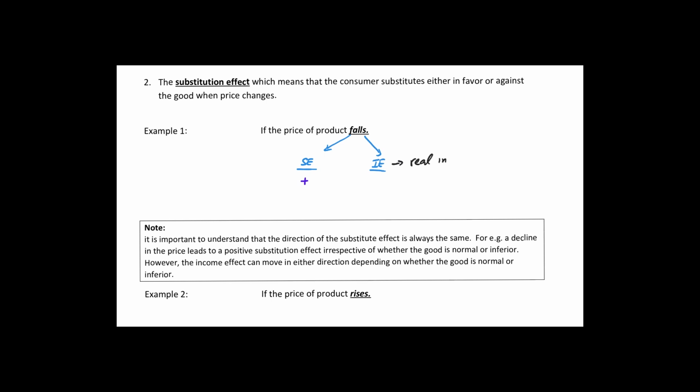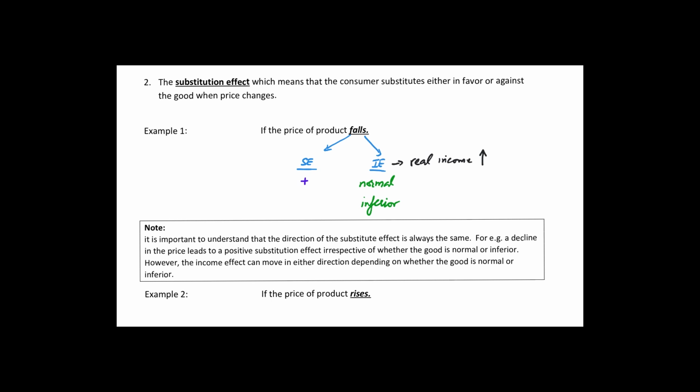If किसी product की price गिरती है तो तुम्हारी real income बढ़ जाएगी। रियल इनकम अगर बढ़ गई है तो डिस्कशन अब आ जाता है कि जो प्रोडक्ट तुम बात कर रहे हो क्या वो नॉर्मल है या वो इंफीरियर है, क्योंकि रिमेंबर फ्रॉम द डेफिनेशन नॉर्मल मीन्स दैट इफ इनकम गोज अप यू बाय मोर ऑफ इट, and inferior means that if your income goes up you will buy less of that, you'll move to a better quality.